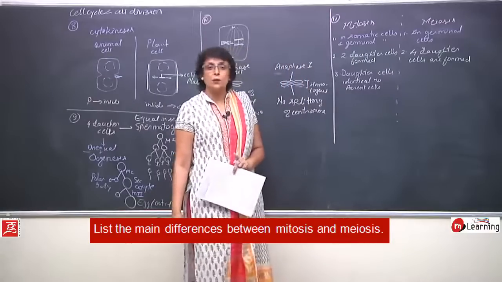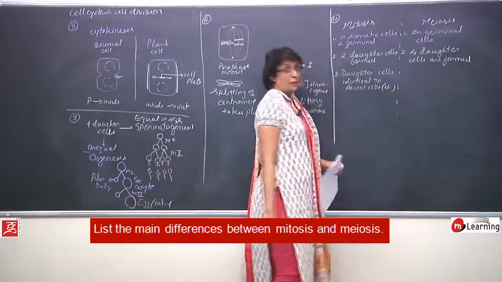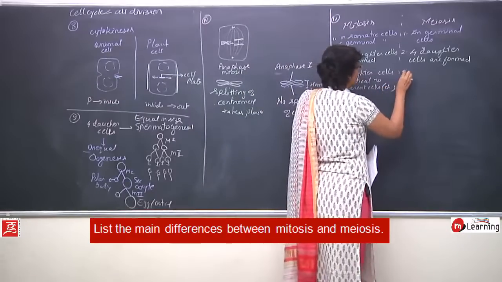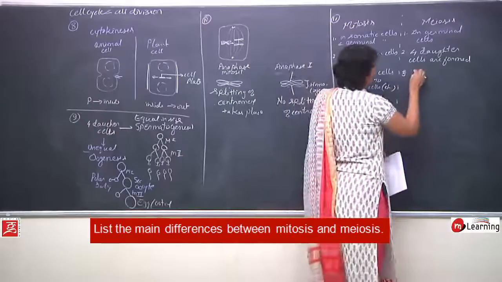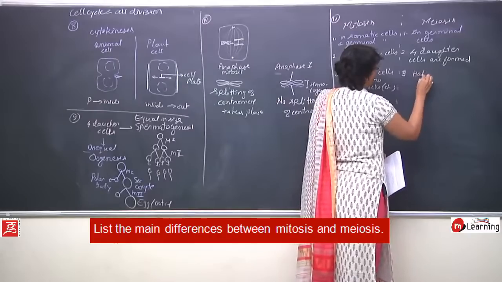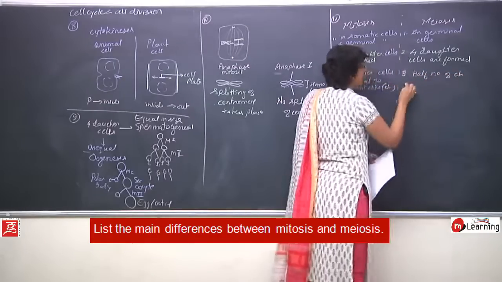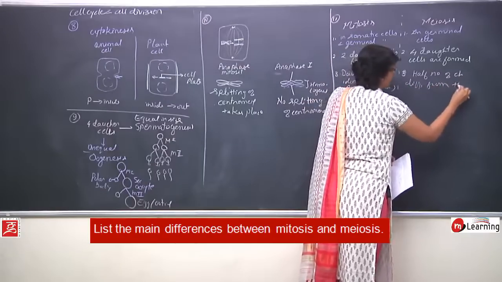They have the same number of chromosomes. So, chromosome number is same. Whereas, in case of meiosis, the 4 daughter cells which are formed, they have half the number of chromosomes. So, they are different from the parent cells.